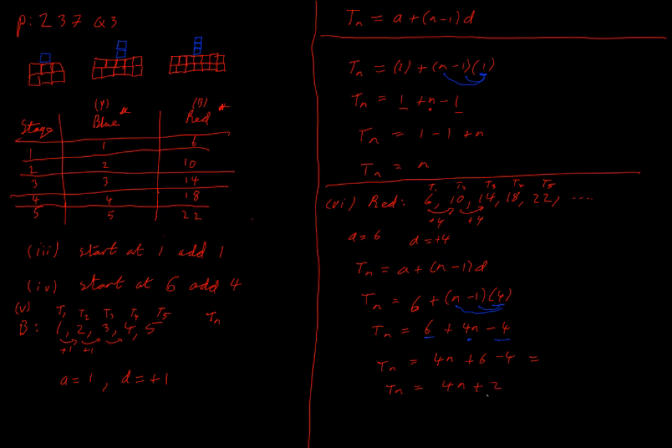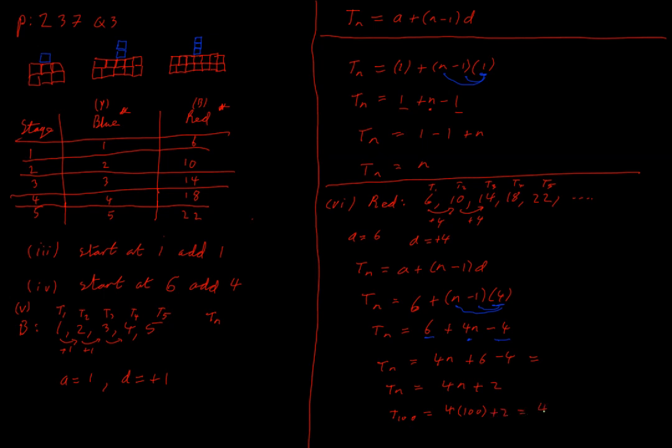Now this is an equation that will give me any number in this list that I want. If I wanted to know, if I was in the 100th stage, how many of my red boxes would there be in that picture? I'd put in T100 would be equal to 4 times 100. n is 100, so I sub it in brackets.